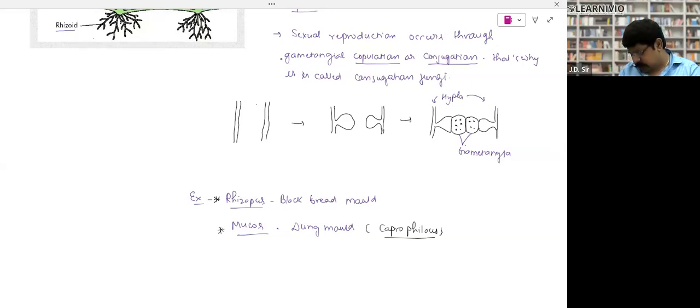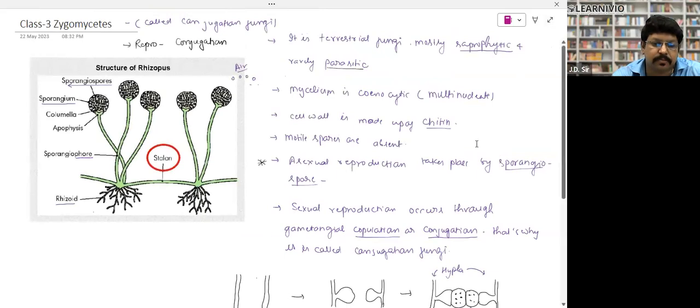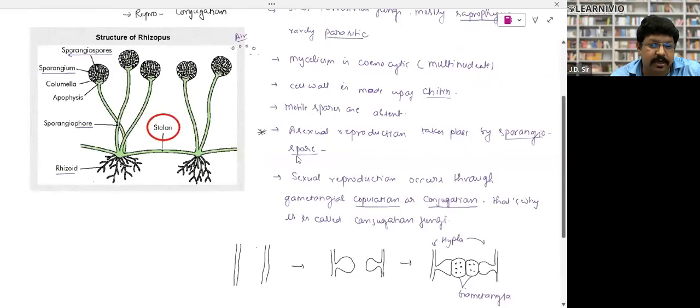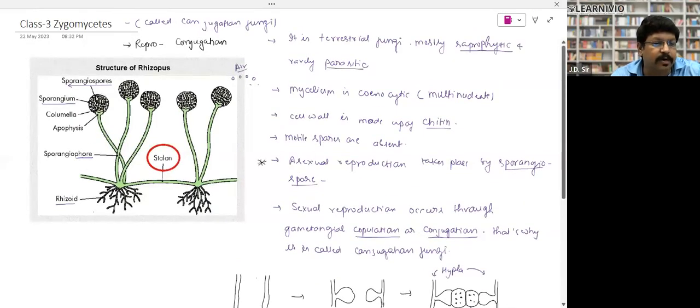Coprophilous are those fungi which grow on dung of animals, right? Yes, sir. So remember Mucor, you have to remember, I have made the star as well, right? So these were the important points over here. Clear?